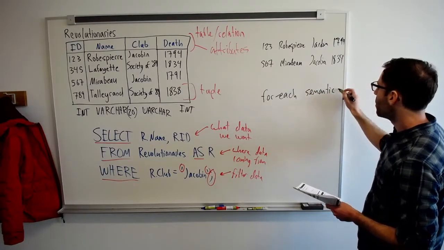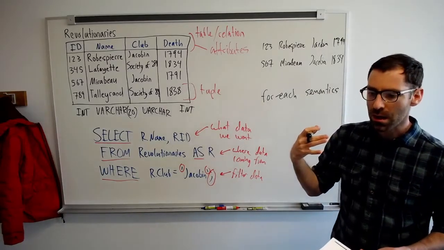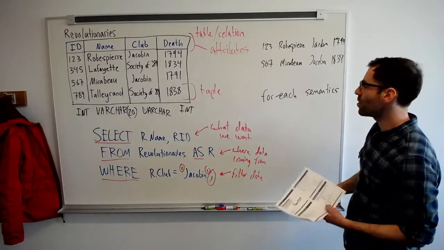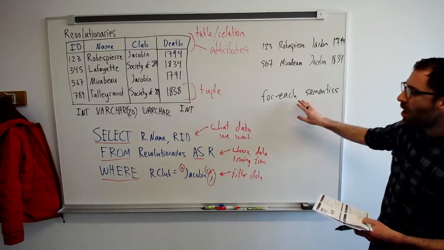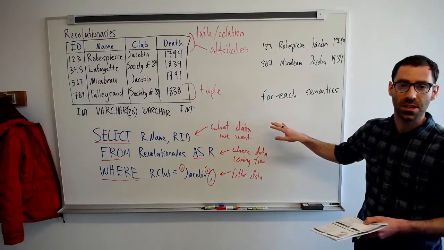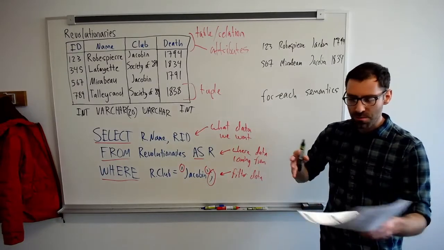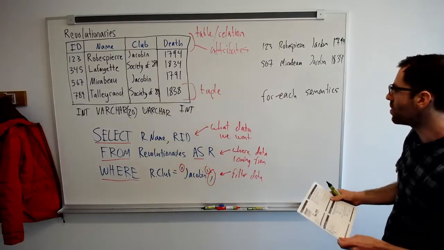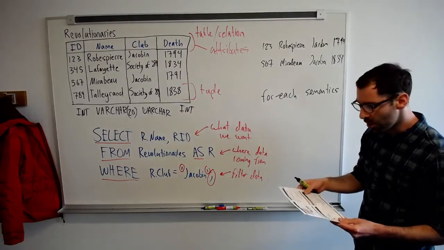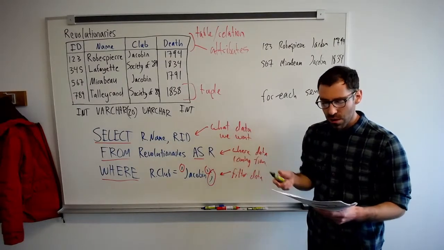And I'm using semantics to mean this is the output behavior that you observe. This is not necessarily how the query is actually being executed by the database system. We'll spend a long time building up the different pieces of how a database actually executes a query.